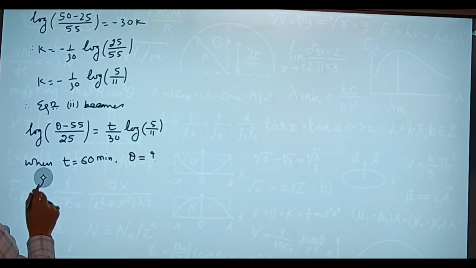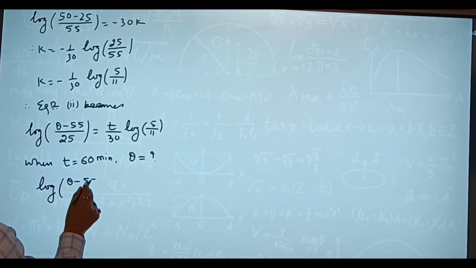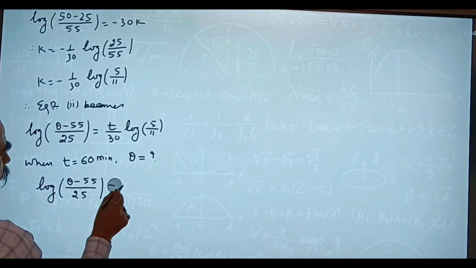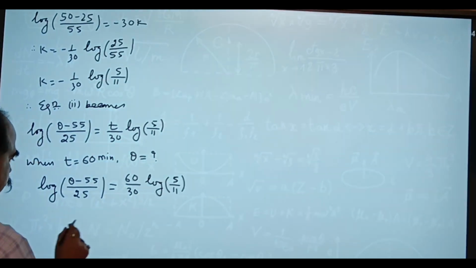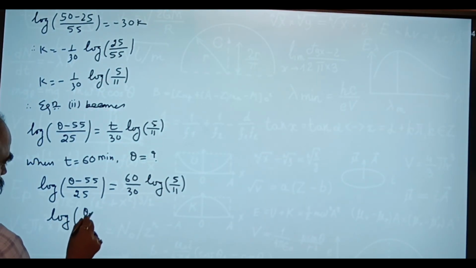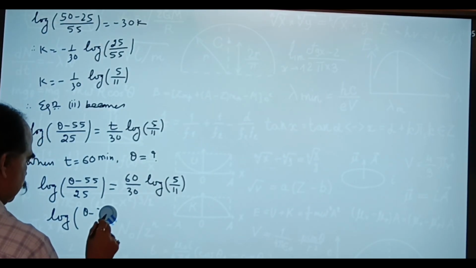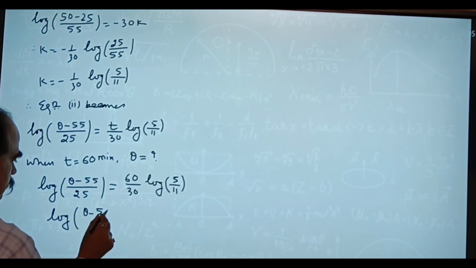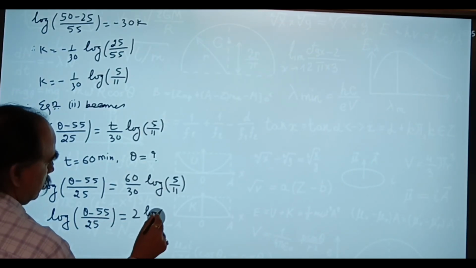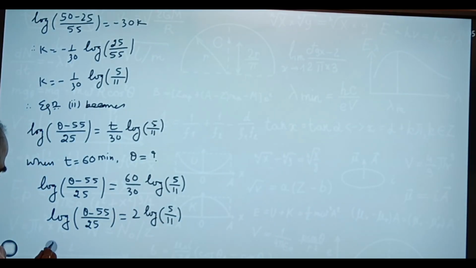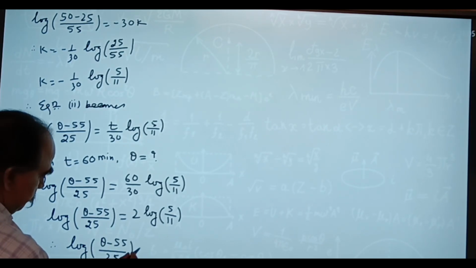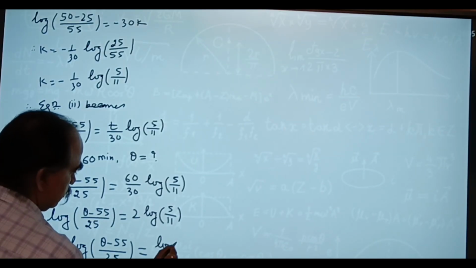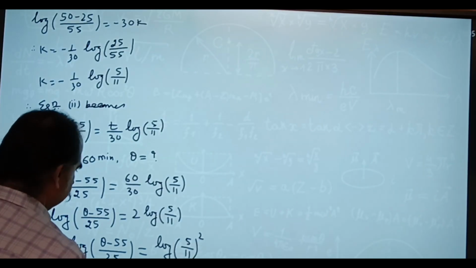So log of (theta minus 25) upon 55 is what? 60 by 30, 2 log 5 by 11, which is log of 5 by 11 square.